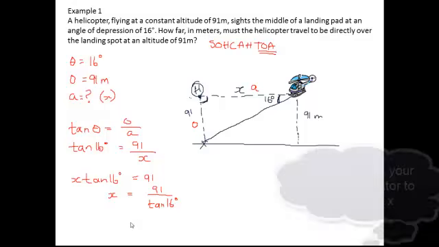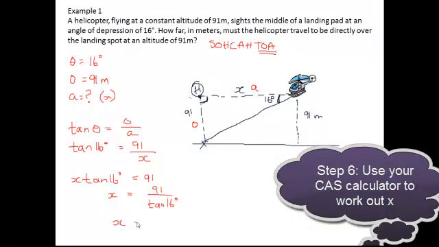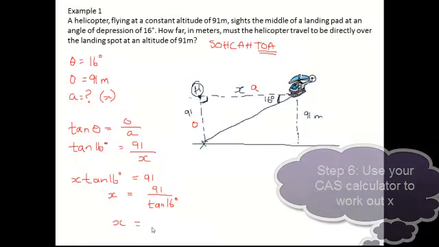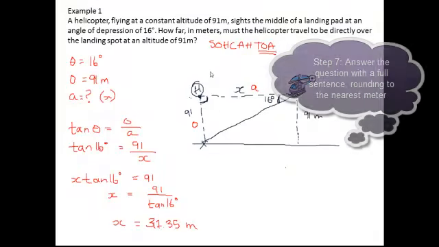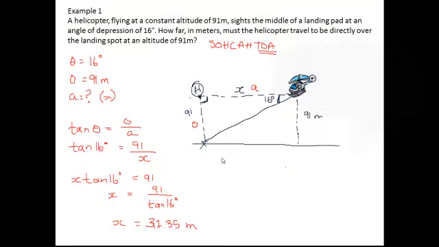Okay, and hopefully you're okay with your calculator now. So when you put that into your calculator, you get an answer of 317.35 to 2 decimal places. Okay, so our final step would be to round our answer to the nearest meter, because we've been asked how far in meters must the helicopter travel, and to write a full sentence answer.